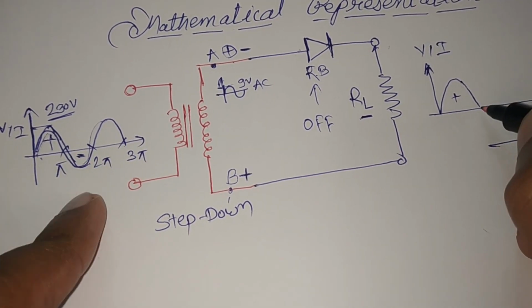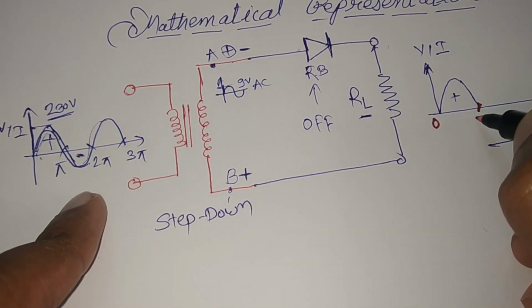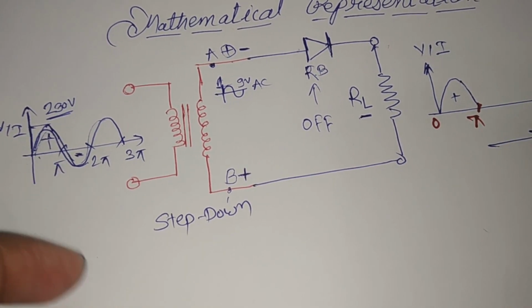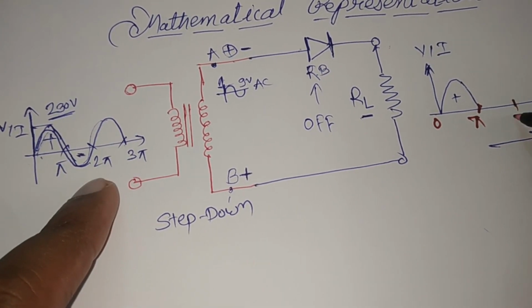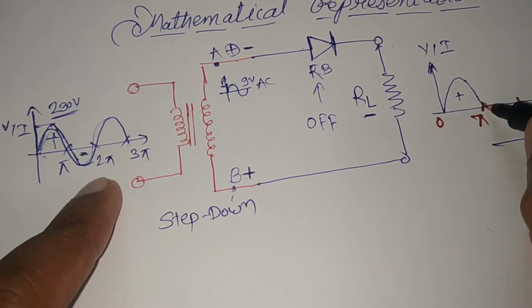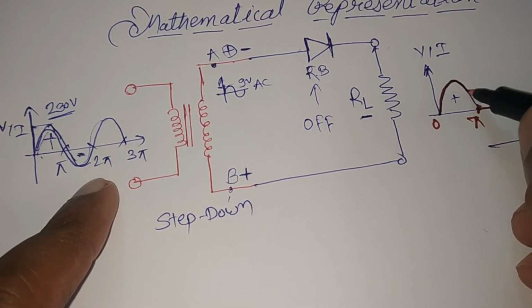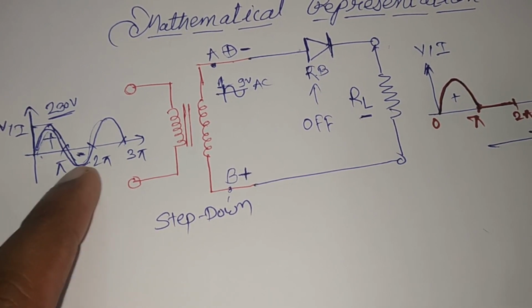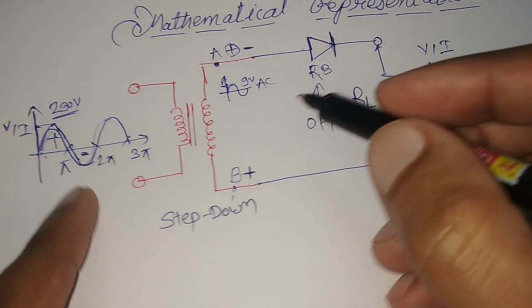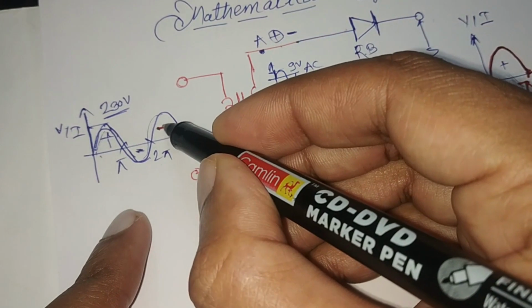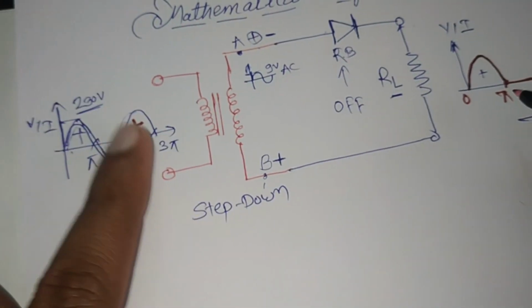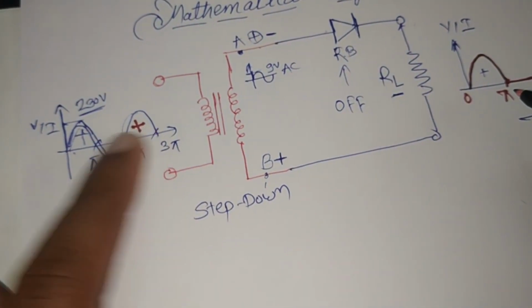So for the next cycle there will be no output. For 0 to pi we will get the output. Then pi to 2 pi, we will not get any output. It will be blank. So in the first cycle we got the output for positive. Then in the next, negative, we didn't get the output. Then again the cycle will repeat. It is alternating. Again the third cycle will be positive.